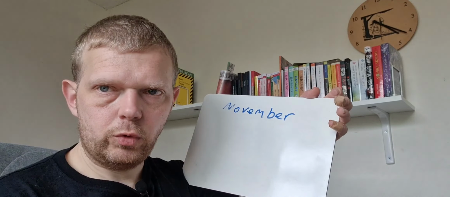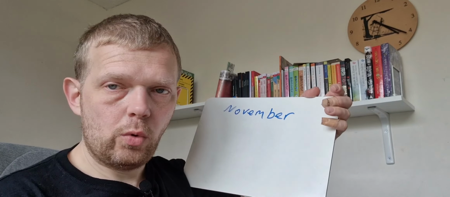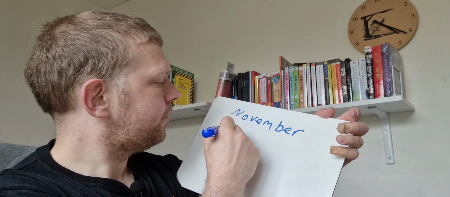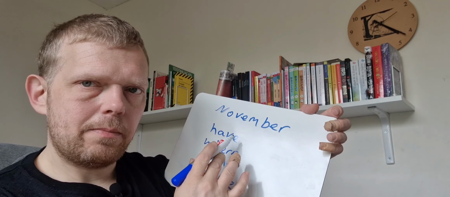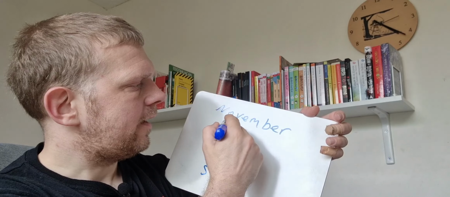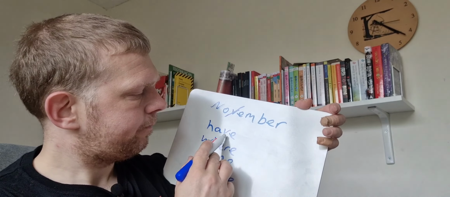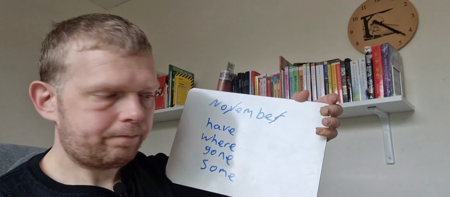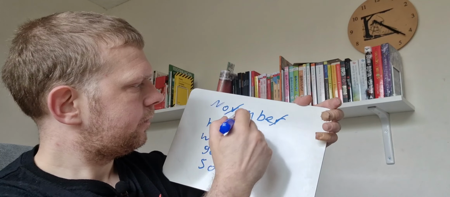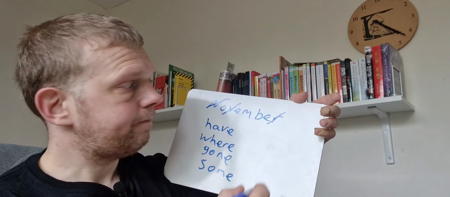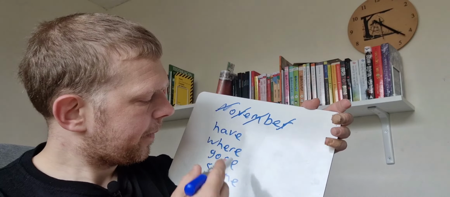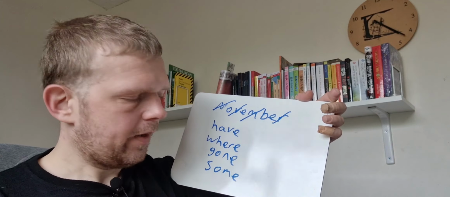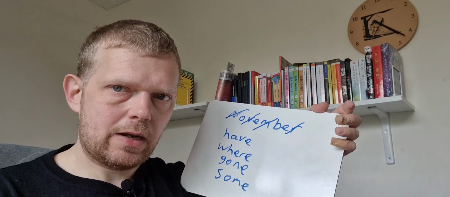I call it the November rule. If a word has a final E, like have, if the letter before the final E is a V, an R, an N, or an M, then it is probably pronounced with the short sound.